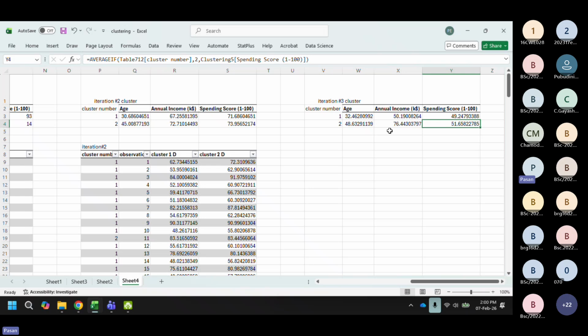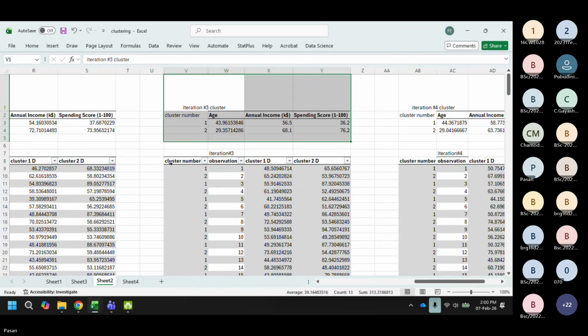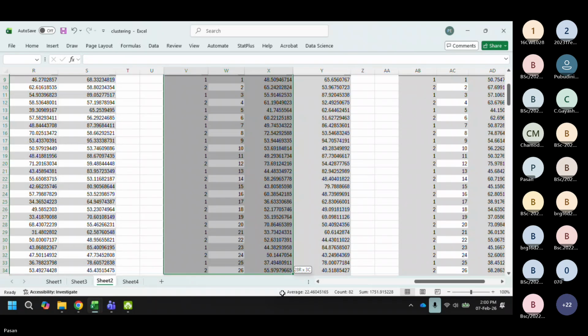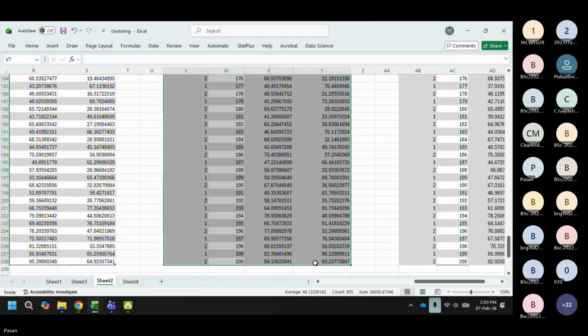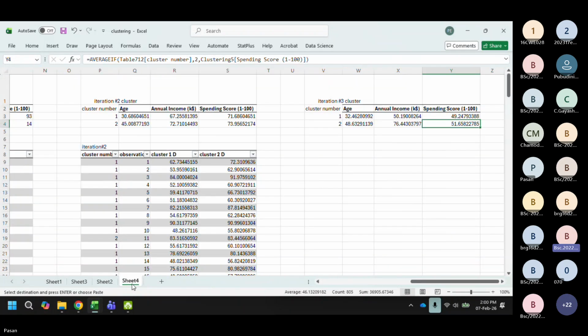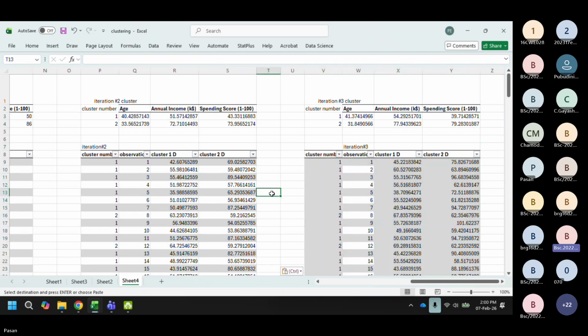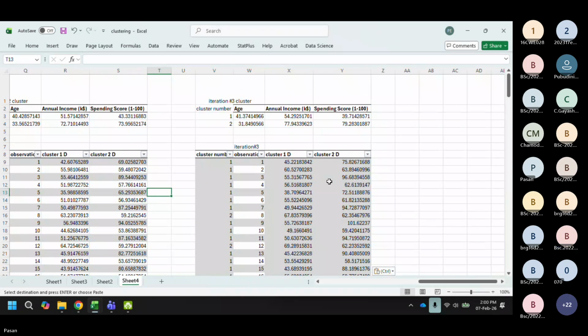After performing that, they go into the third iteration, and still you can see some changes there, right? So we can keep on doing that. So that's going to be the third iteration. Again, you calculate the distances.